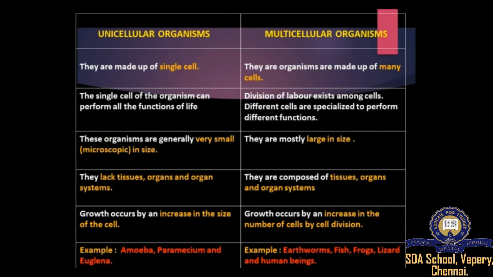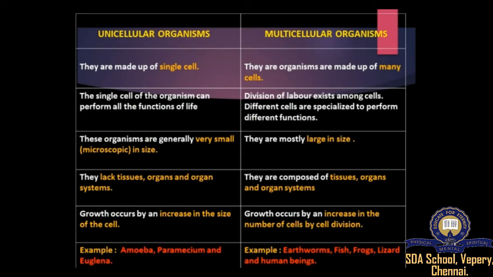Okay, and in unicellular organisms, the growth occurs by an increase in the size of the cell, whereas in multicellular organisms, the growth occurs by an increase in the number of cells by cell division. Okay, and the examples of unicellular organisms are the amoeba, paramecium, and euglena, whereas the examples of multicellular organisms are earthworms, fish, frogs, lizards, birds, and human beings. Okay, so this is about the difference between unicellular and multicellular organisms.